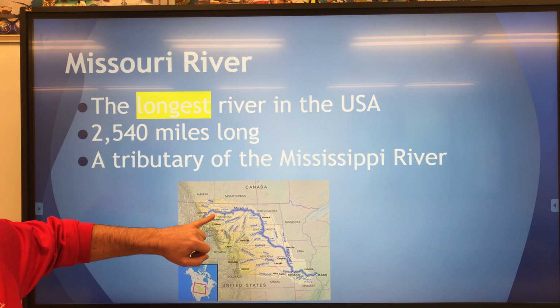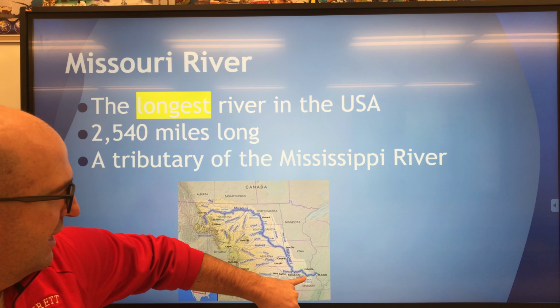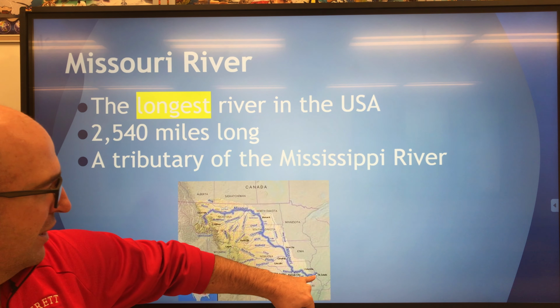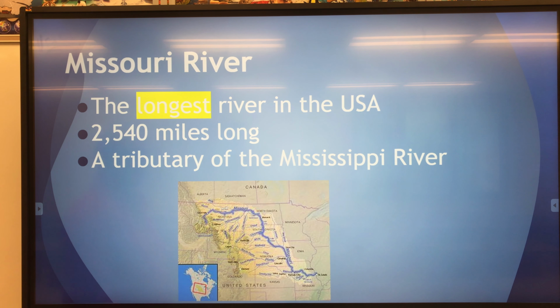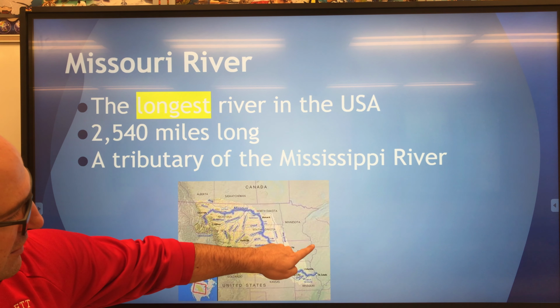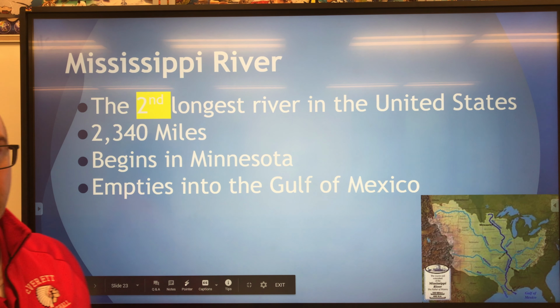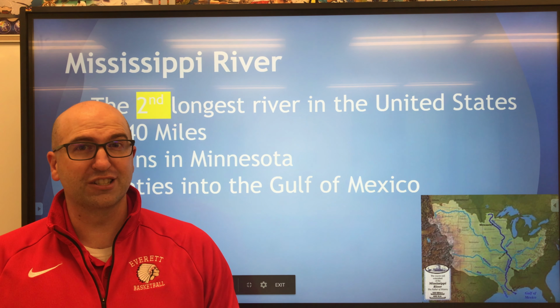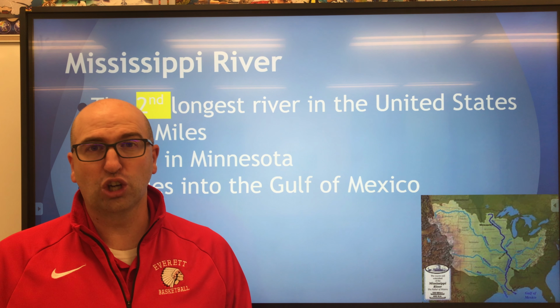Now, this river that starts up here in the Midwest and flows into the Missouri and Illinois area is actually a tributary of the Mississippi River. So the Missouri River flows into the Mississippi River that runs right here. The Mississippi River is one of the most important rivers historically in the United States. Why? Because it has an output into the Gulf of Mexico.